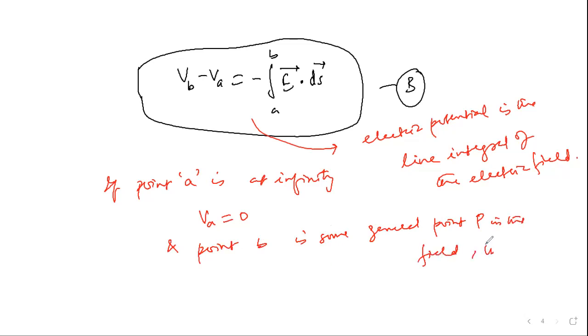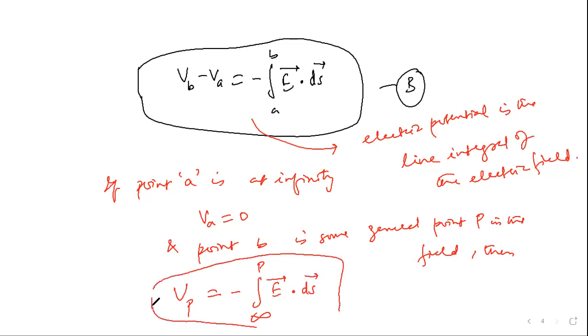Then we write electric potential at that particular point P within the field is minus the integral from infinity to point P of E dot ds, right? This is my equation C. I name it C.